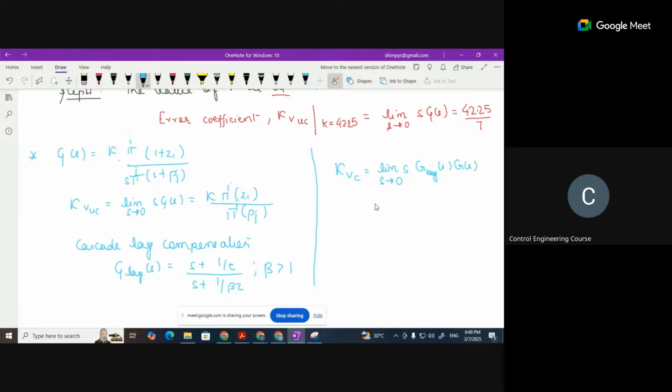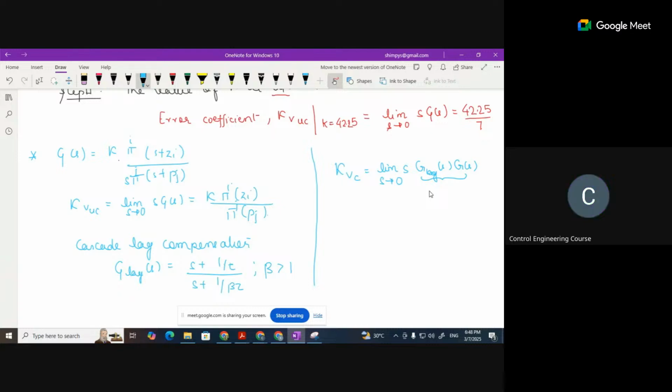That is what we do: we add a compensator in cascade with the existing system, so that's why we get G lag(s) into G(s). Is it clear, everyone? When we are calculating the velocity error constant, we are assuming a ramp input. Clear? Yes, ma'am.